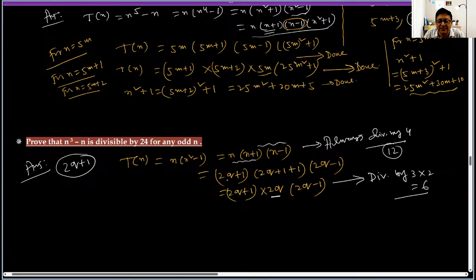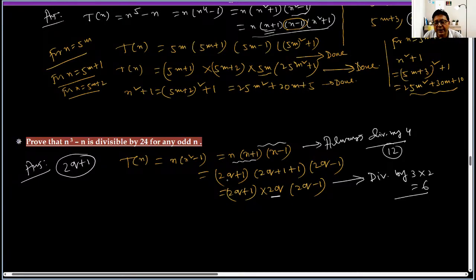Which one will help? Divisibility by 6, does it help? Or a higher number? Divisibility by 8, does it help? Then for 8 there is a problem. Taking a decision with an odd number will be a problem. So go by divisibility by 4. Clear? So for that it will always be divisible by 24.